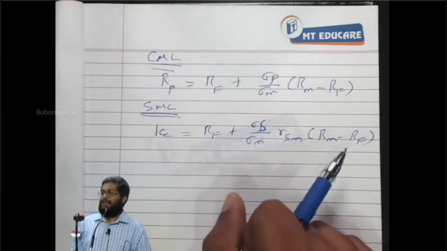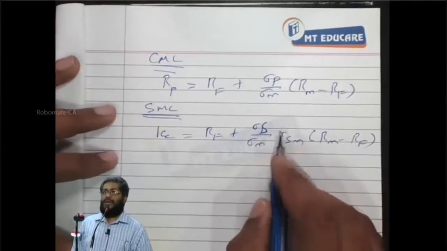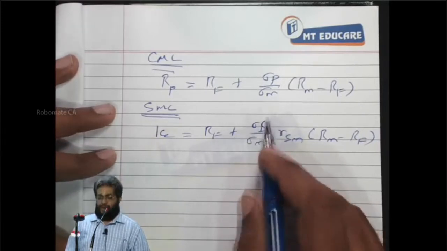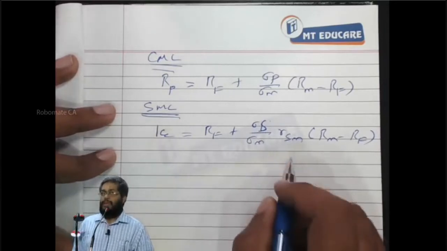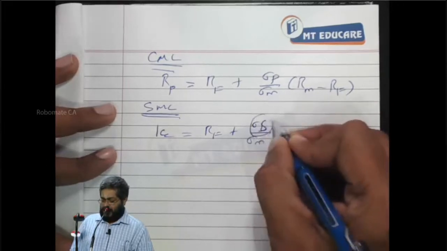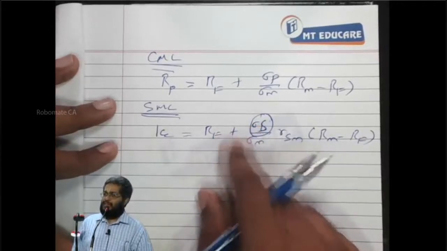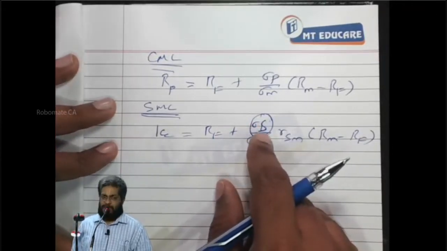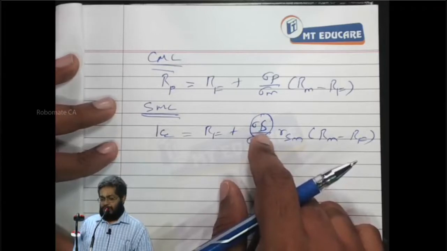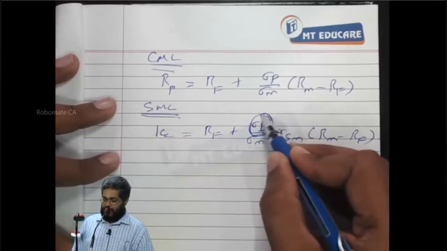Next, points B and C in the SML. In the SML, the risk premium is not for the entire sigma S, the entire standard deviation of the security.